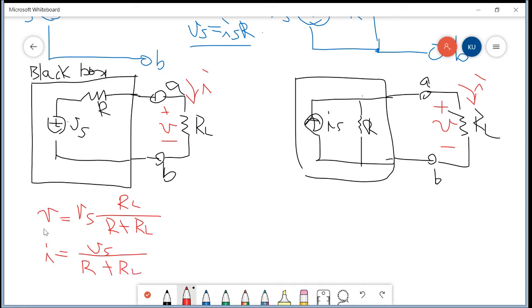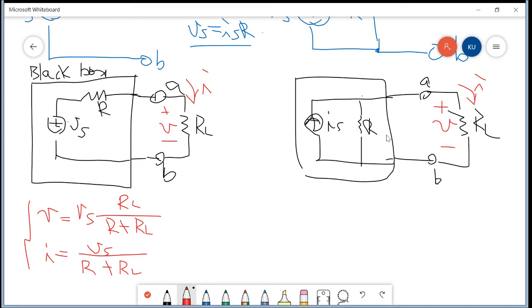Or you should find I first, and then the voltage across RL should be this I multiplied by RL, so that you will find V is Vs times RL over R plus RL, something like this. We can solve V and I for the left case.